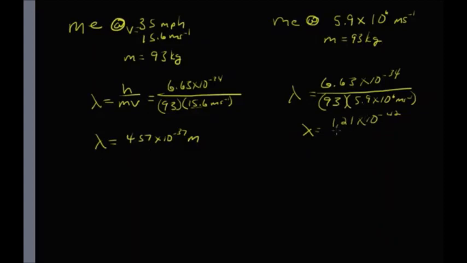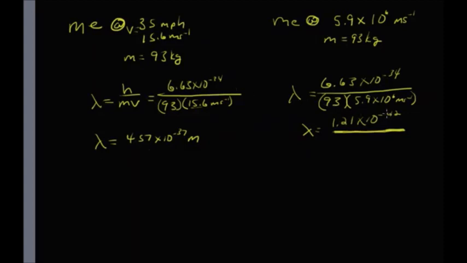The reason why this is so much smaller is because, and we'll talk about this next time when we talk about Heisenberg's uncertainty principle, I'm moving, and so it's harder to tell where I'm at. And so my wave function is way bigger, or I'm sorry, way smaller than this one. No, actually, I'm saying that backwards.